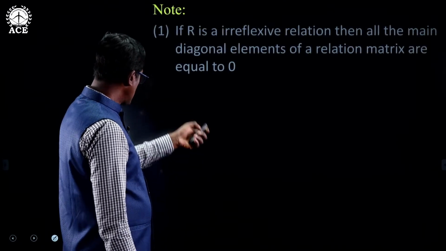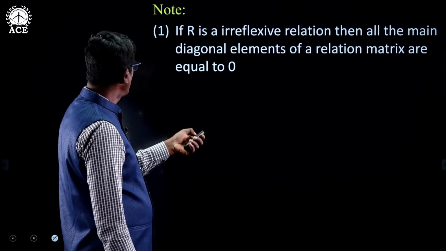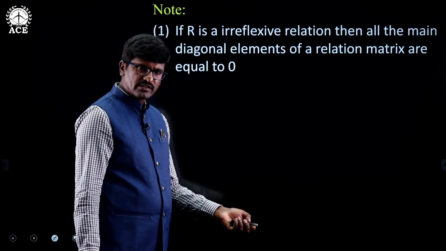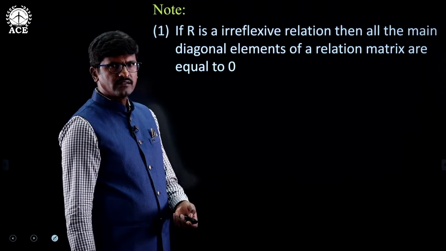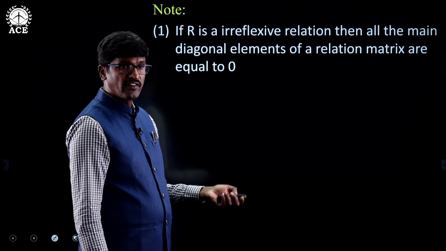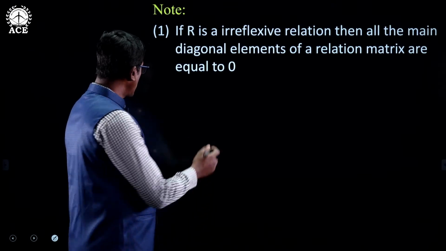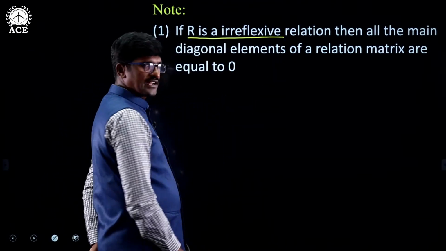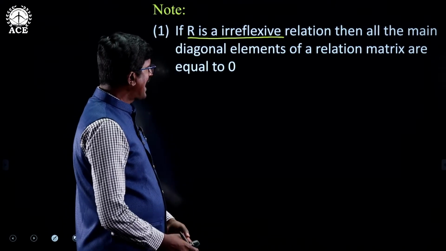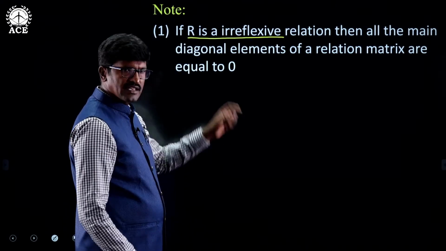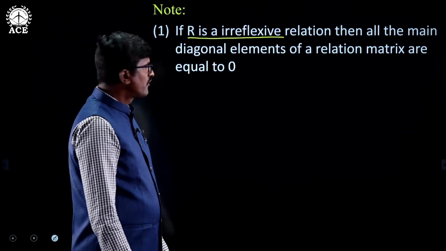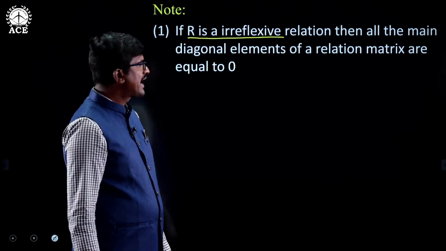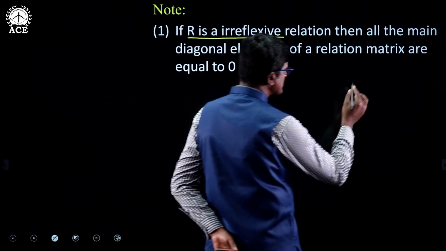Now look at this. There are some note points which depend on this irreflexive relation. Just now we have discussed the matrix representation and diagram representation of the reflexive relation. If R is an irreflexive relation, then the matrix representation of this irreflexive relation will have zeros and ones, and especially the main diagonal will consist of zeros.